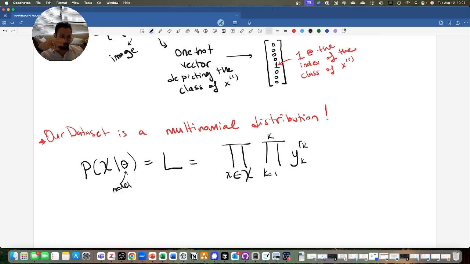So it's going to make them all zeros, make the outputs disappear, and only one of them remains, the pertinent class.